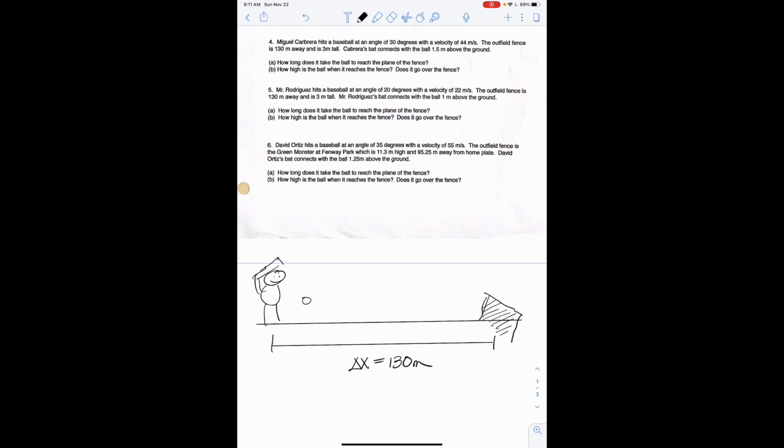They tell us, so once again, we'll keep with our drawing, that the initial velocity of the ball, we'll call this VI, you can call it V naught if you want, is equal to 44 meters per second. And it's hit 30 degrees above the horizontal.